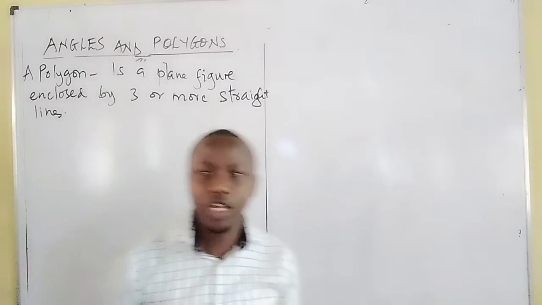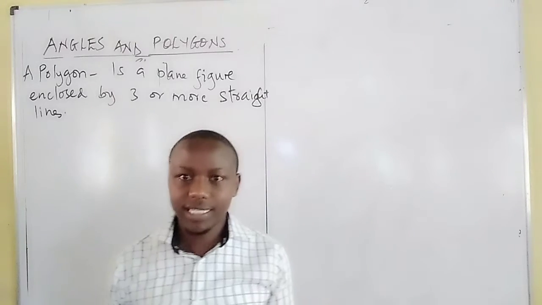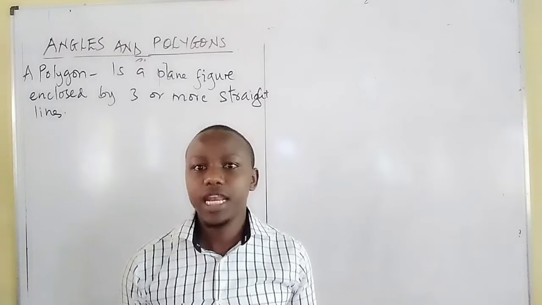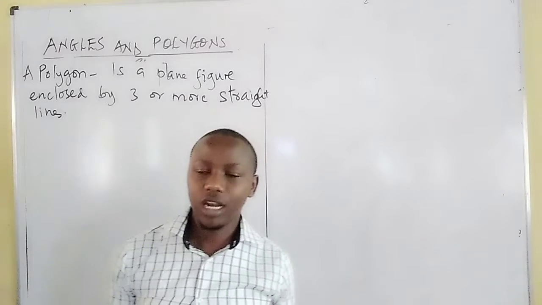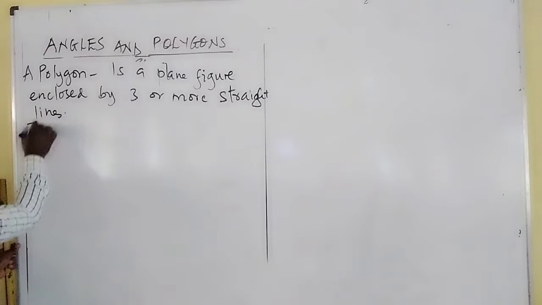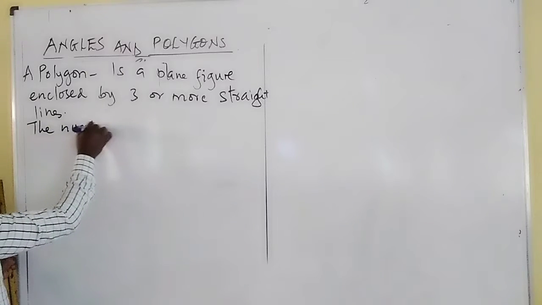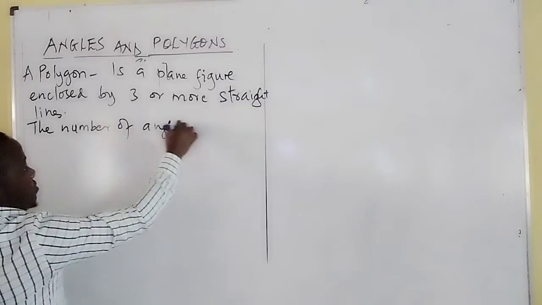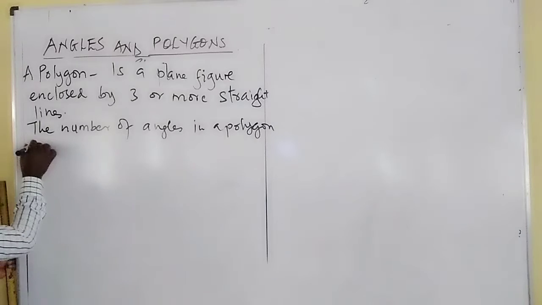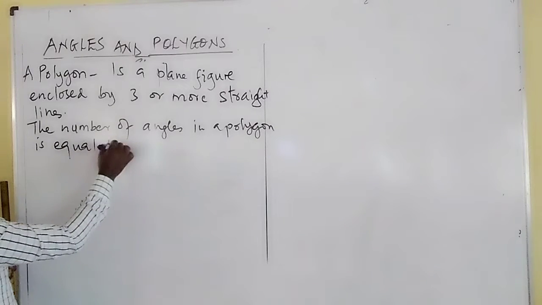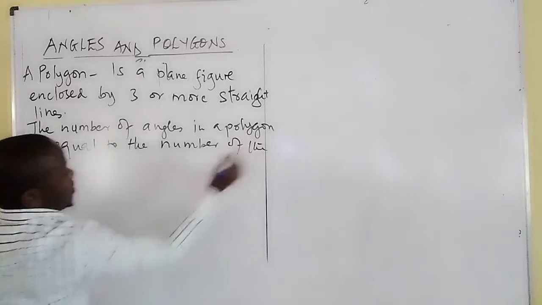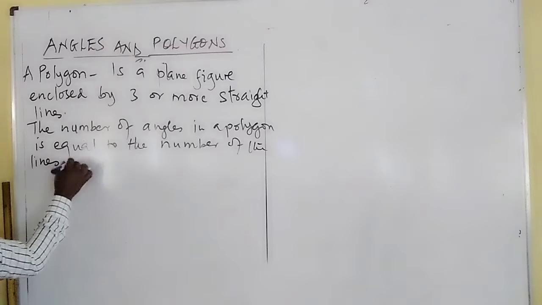Now it means that a polygon will have several vertices and several angles, and lines which are enclosing it. I would like to say that the number of angles in a polygon is equal to the number of the lines making it.